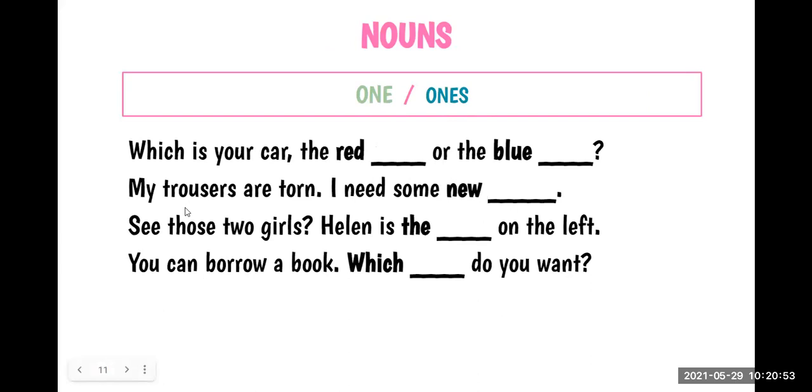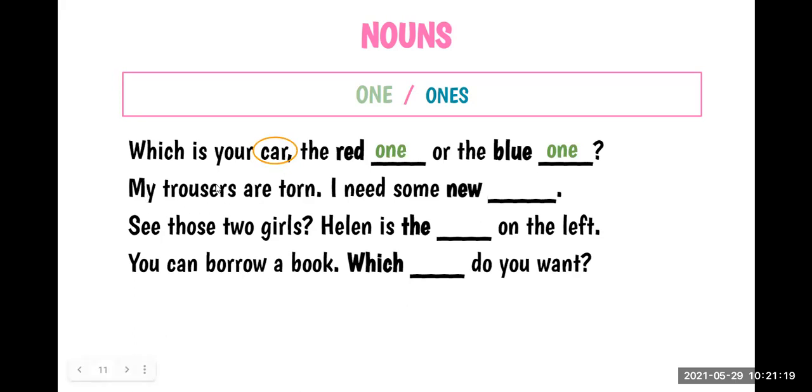The red or the blue? What can we say here? One. Yes, the red one or the blue one. And what are we referring to with these two? Car. Okay, car. Yes, we are talking about the car, right? Which is your car, the red one or the blue one?